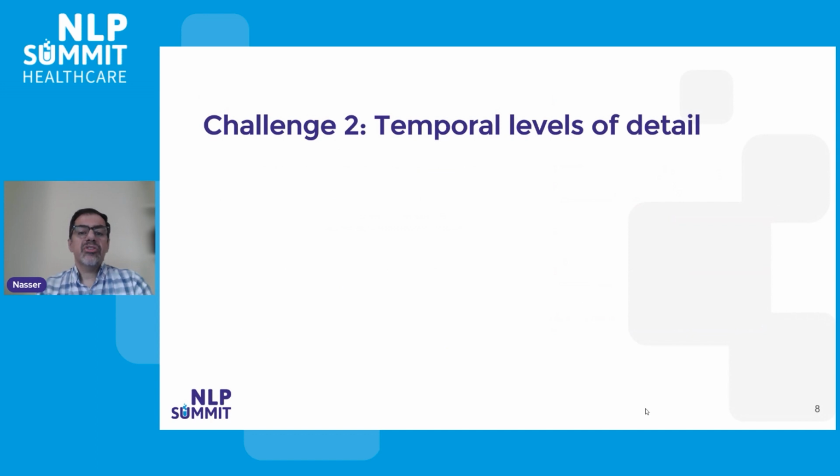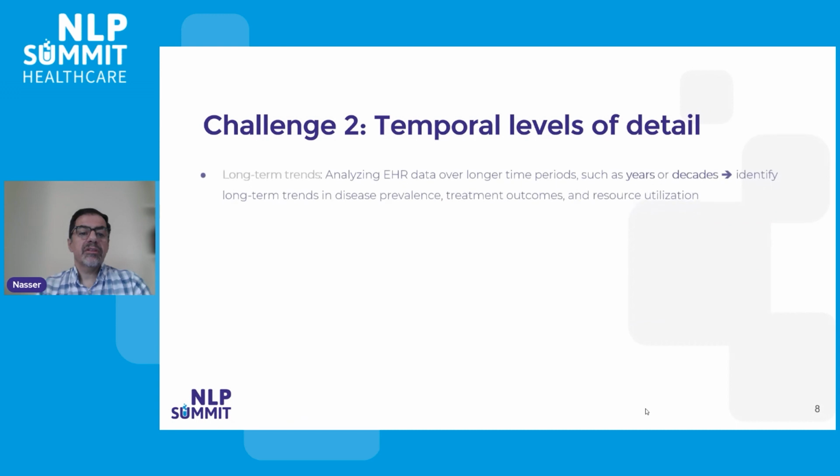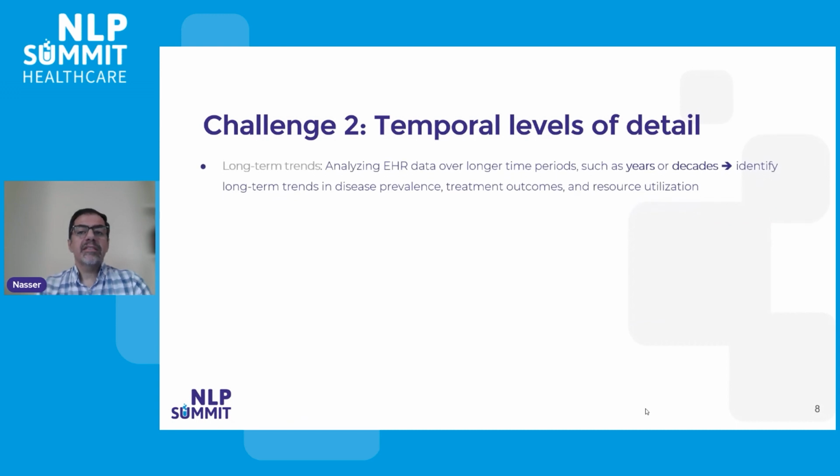And what is the challenge for extracting temporal data from the electronic health record? We can see that there are different levels of temporal data that might be required for different tasks. For example, long-term trends in electronic health records that convey years or decades.